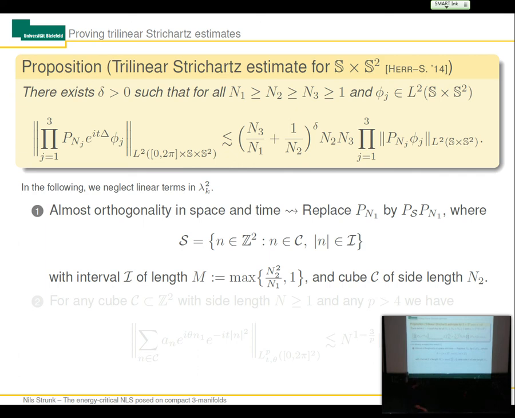And now, time orthogonality allows us to consider only frequencies that are located in a 2-dimensional cube of size n2. And then, by time orthogonality, it suffices even to consider something like this, an annulus, where this size is again m, which is the maximum of n2 squared over n1 and 1. Okay?